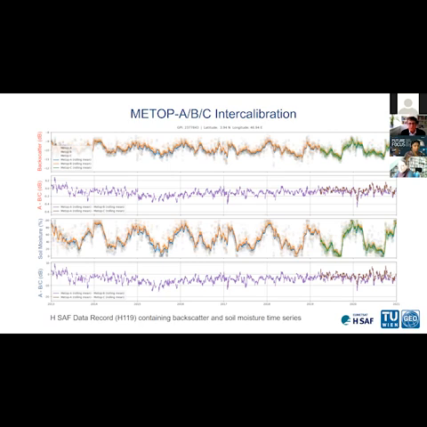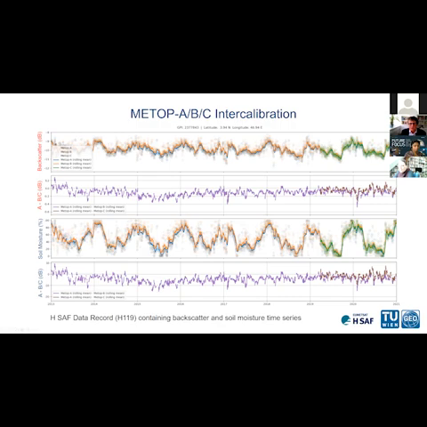Here, this is just one grid point over the land surface where we see impacts of soil moisture and vegetation on the data. But if we do a moving average over the measurements, we see, for example, that we have captured here a period where there was a bit of a difference between the METOP A and the METOP B satellites, which later then decreased again.